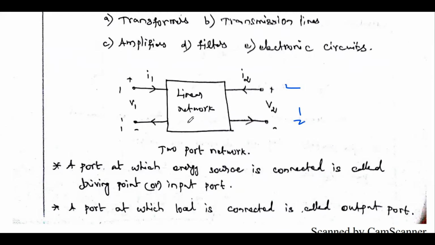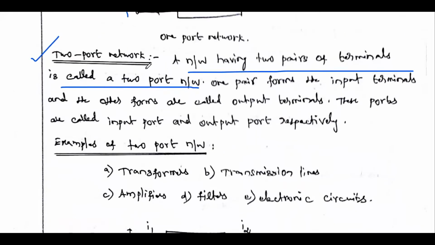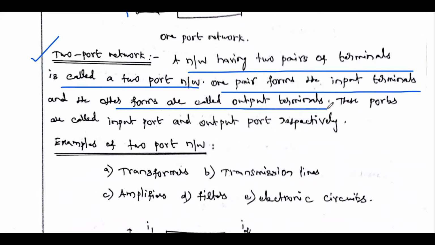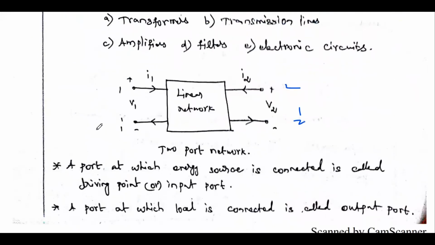So if a network has two pairs of terminals, that type of network is called a two-port network. Here one pair forms the input terminal and the other forms the output terminal. Where we give the input, that pair of terminals is the input port; where we take the output, that pair is the output port.